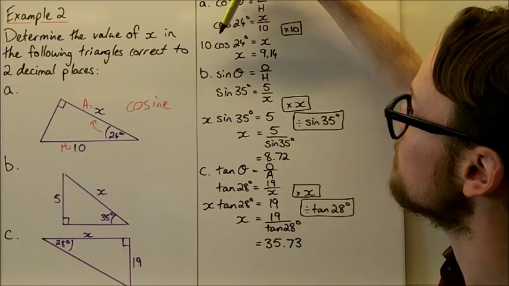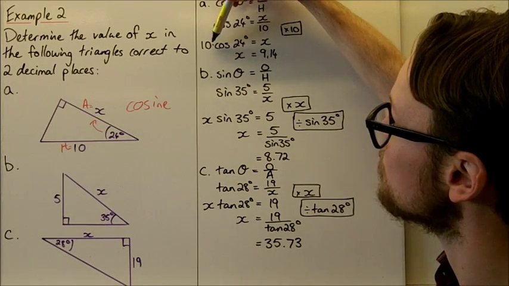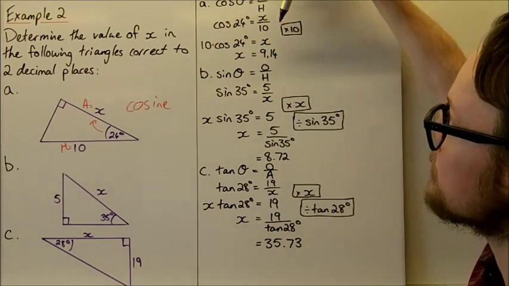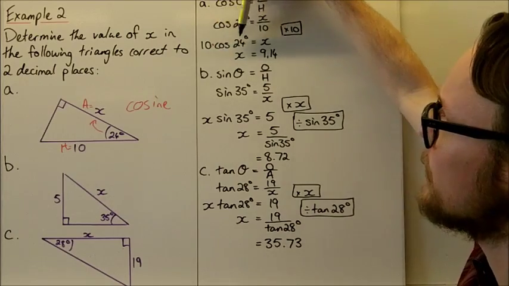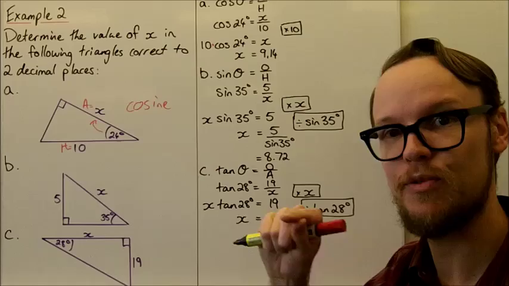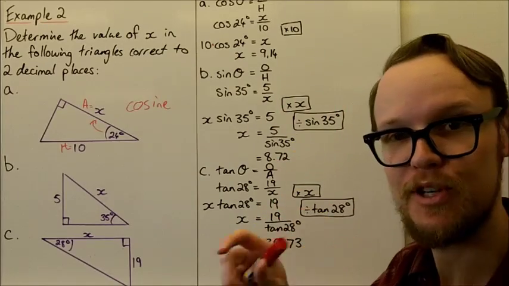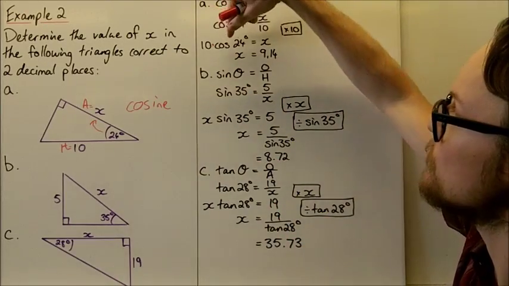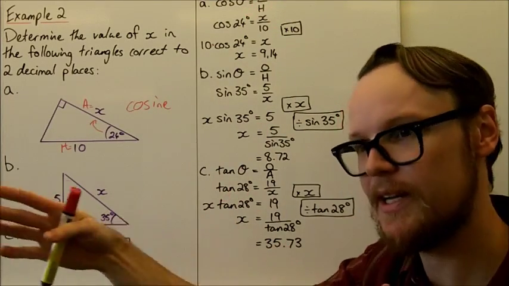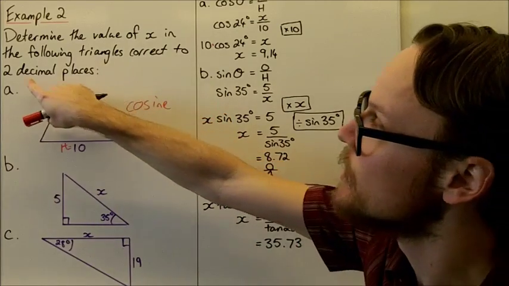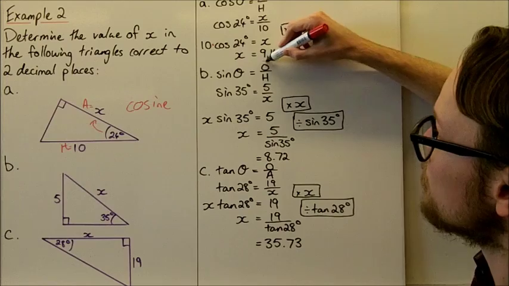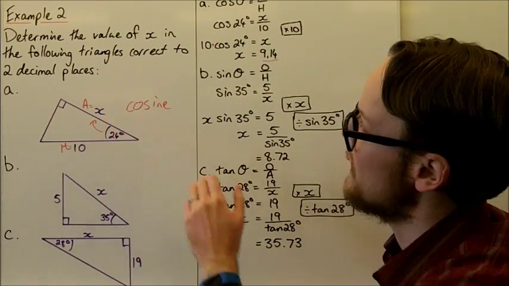I'm left with 10 times cosine of 24 is equal to x. Putting this into my calculator, 10 times the cos button, then 24 (you don't need to put the degrees symbol in), it gives 9.14 and many other decimal places, but we've been asked to round to 2 decimal places, so our answer is 9.14. That's our value for x.